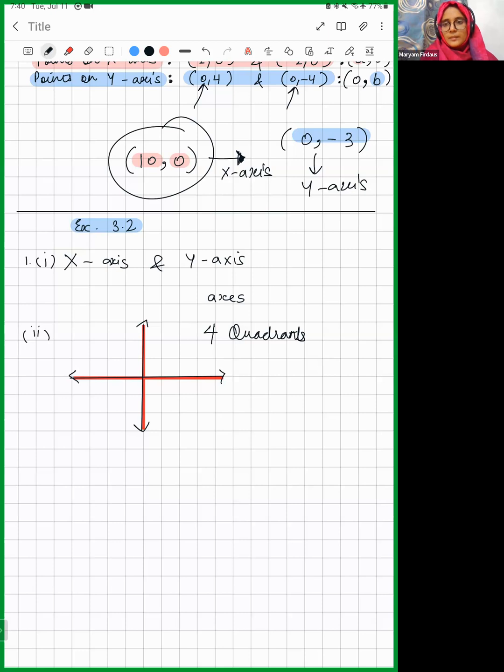Yes or no, Zain? Figure 3.14, page number 53, exercise 3.2, second question. It's on the last page of the chapter. Alina, good evening. Please switch on your camera.